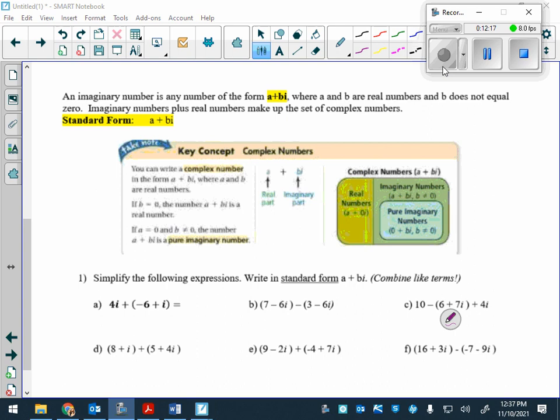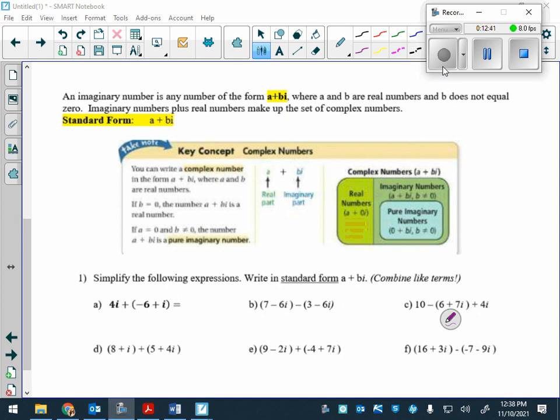When we went through simplifying, the only thing that really changed is if you see a negative, take a negative out, right? And then i squared equals negative 1. So those are two key components that we added to what we already know of simplifying radicals. So now we get into operations.